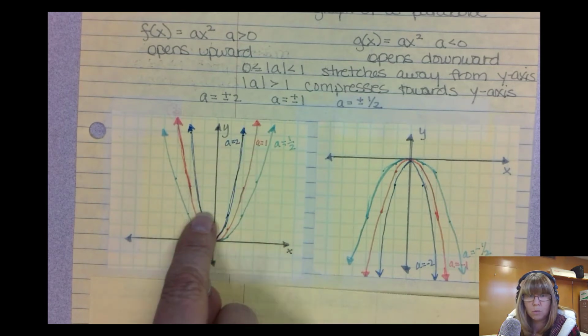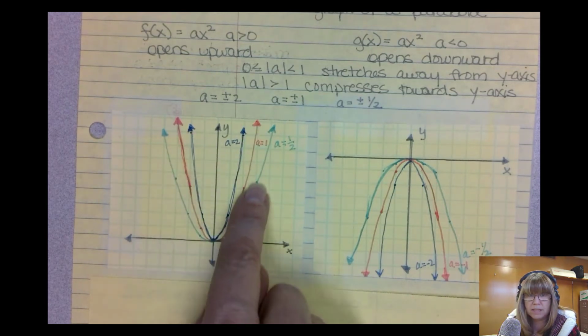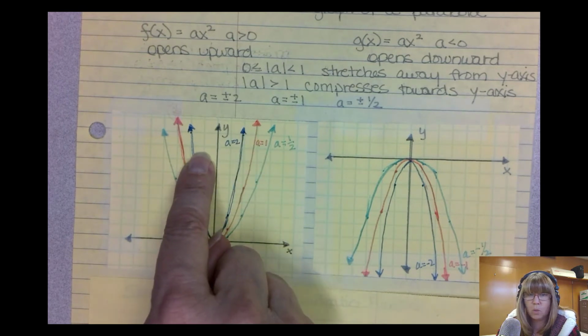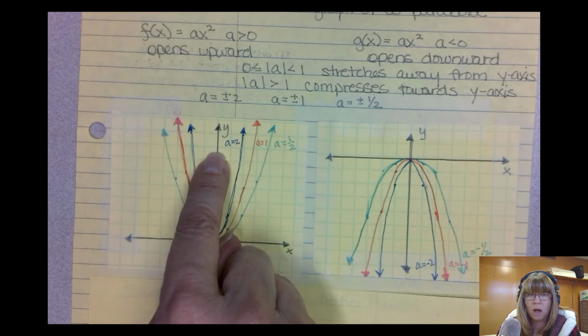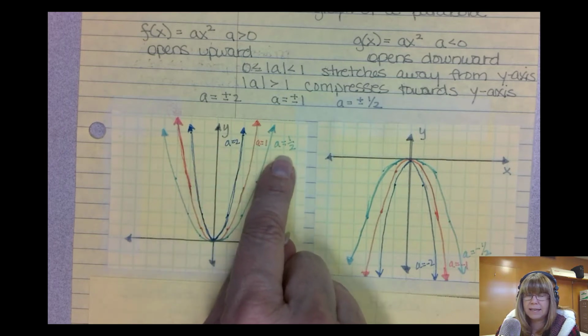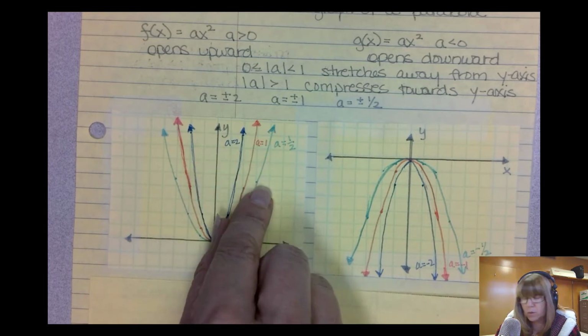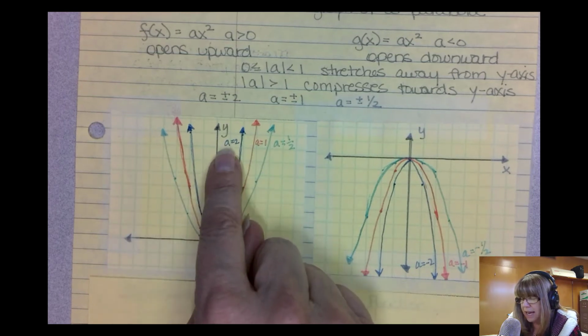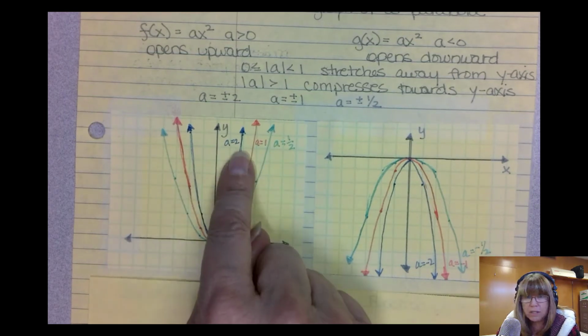Here's the normal parabola in red. In blue, since a is greater than 1, it compresses towards y. Since a is a fraction, it stretches away from the y-axis. But all of these, since a is positive, open upward.